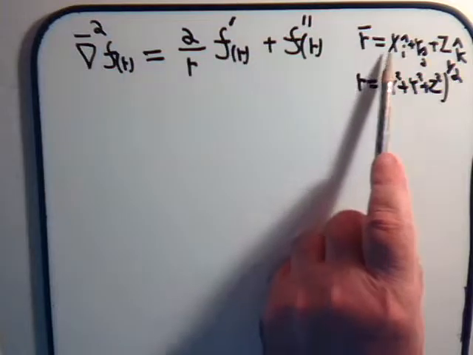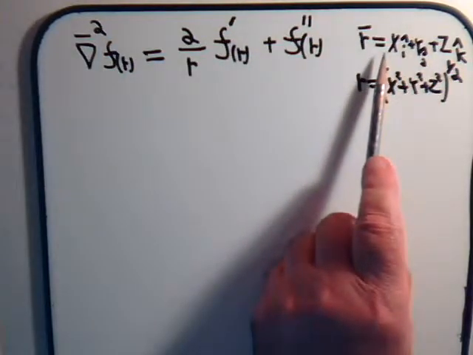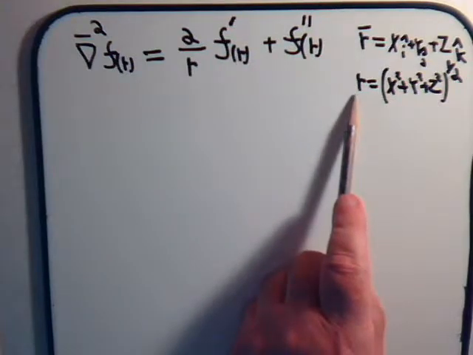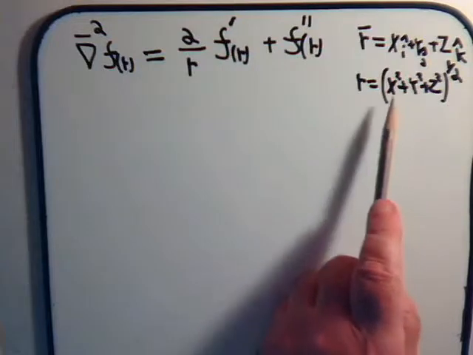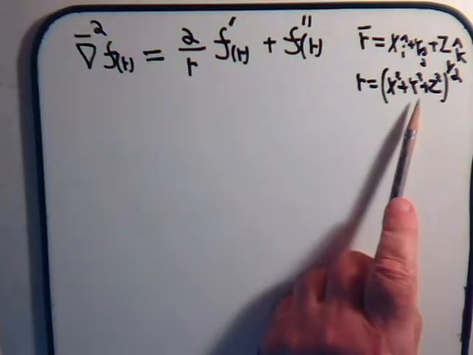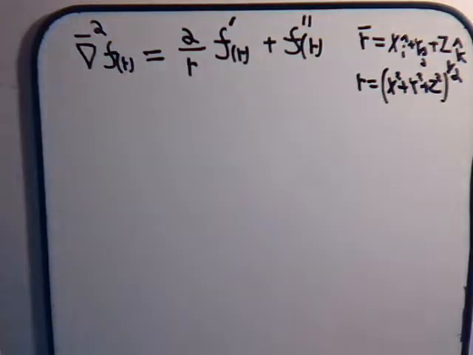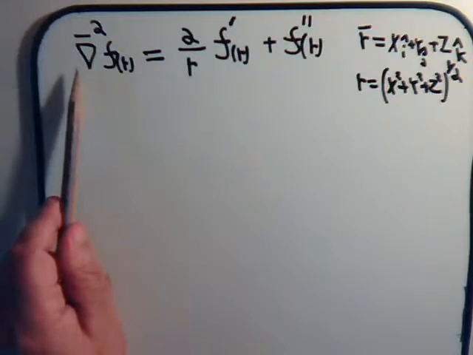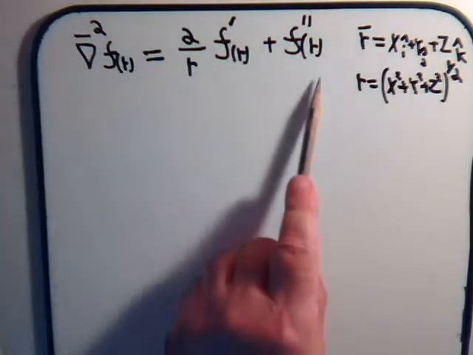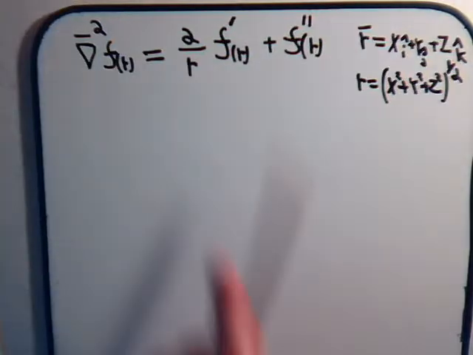This, of course, is what the position vector is, and the magnitude of the position vector, r, is just a scalar quantity, and it's a function of x, y, and z, which is just the square root of x squared plus y squared plus z squared. What we want to show in this video is that the Laplacian of any function of r is equal to this identity. So let's set this up.